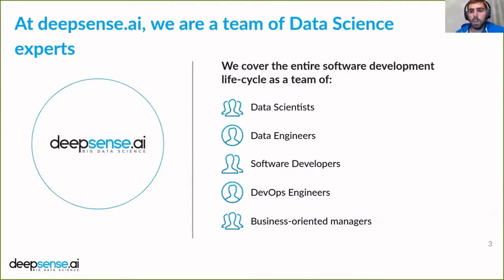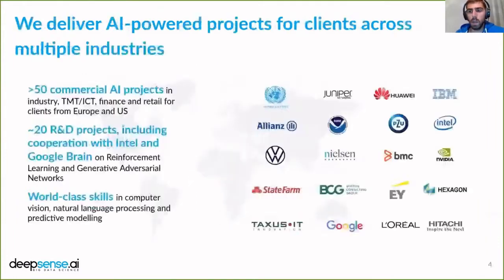At DeepSense AI, we are a team of data science experts. We turn our expertise into AI-powered solutions for our clients. We are a team consisting of data scientists, data engineers, software developers, DevOps engineers, and business-oriented managers. We have a proven track record of more than 50 commercial AI projects in multiple branches of industry.